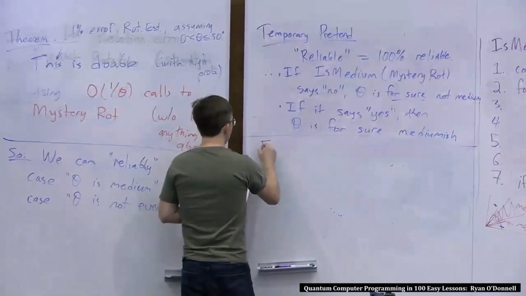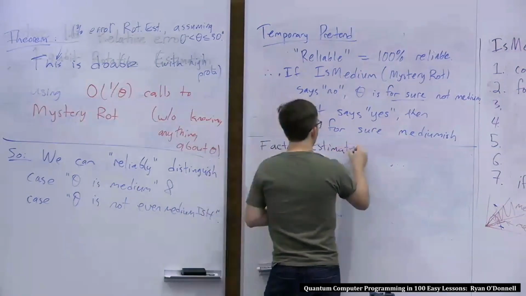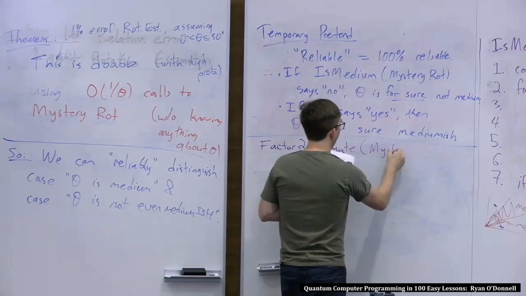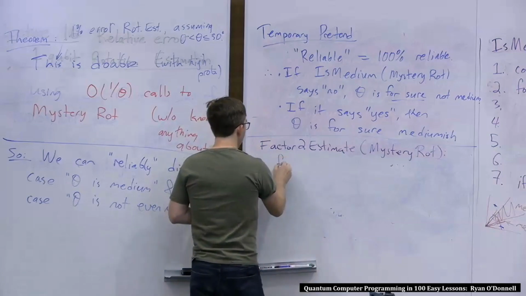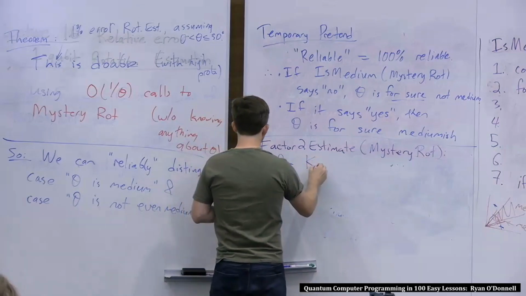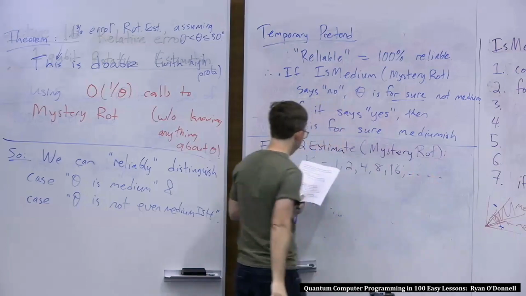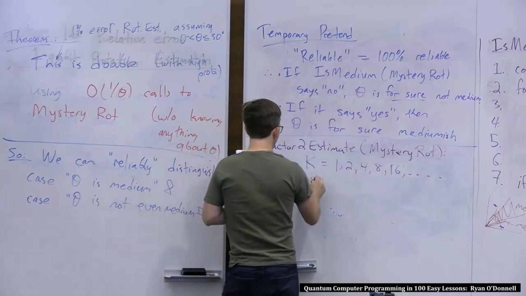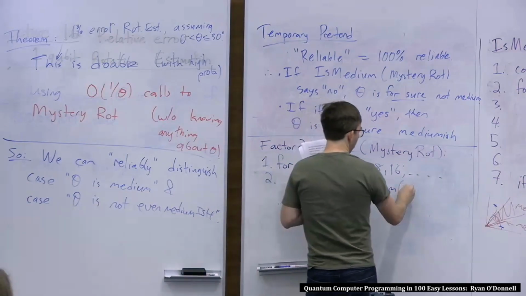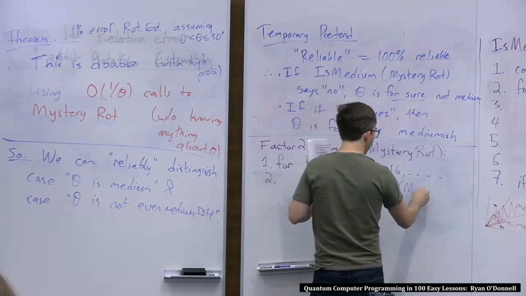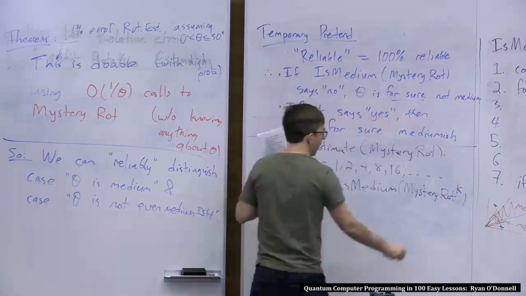Okay, so I'm going to call this new algorithm factor 2 estimate. And it'll also take as input a quantum rotation instruction called mystery rotate. And it's pretty easy. It's just what I said: for capital K equals 1, 2, 4, 8, 16, etc., so just keep doubling capital K. If is medium, and now I'm going to pass in, I'll use the mathematician's notation, mystery rot to the power of K. I'll explain what I mean here in a second.